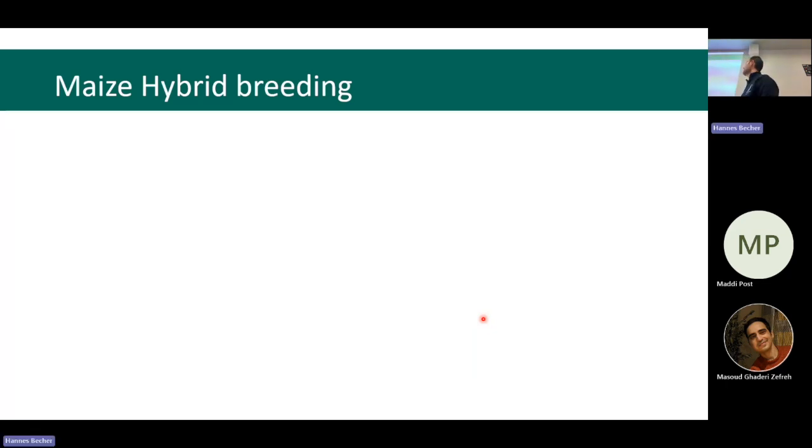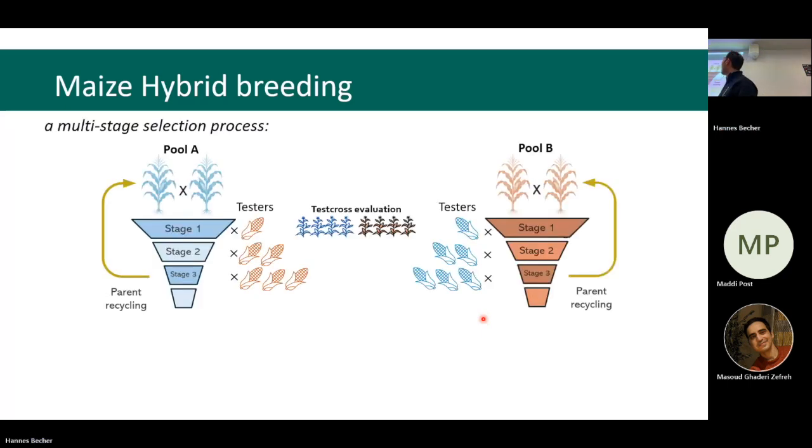So, maize hybrid breeding: breeders cross parents from different pools to exploit heterosis and create hybrids. I will try to explain this hybrid breeding scheme, to give you a little background. Normally there are two heterotic pools, and within each pool they create inbred lines and then start the evaluation for selection and for delivering new hybrid varieties.